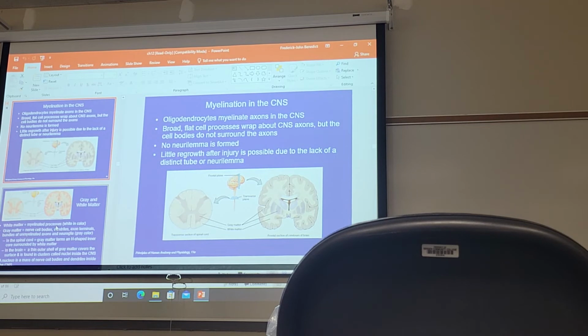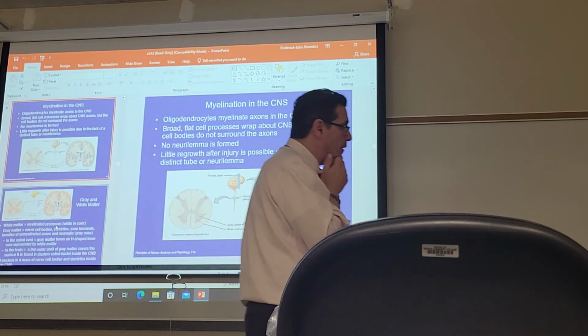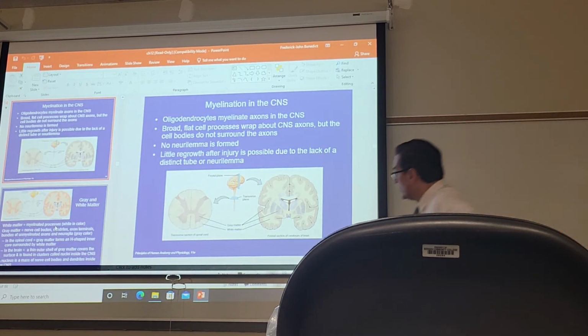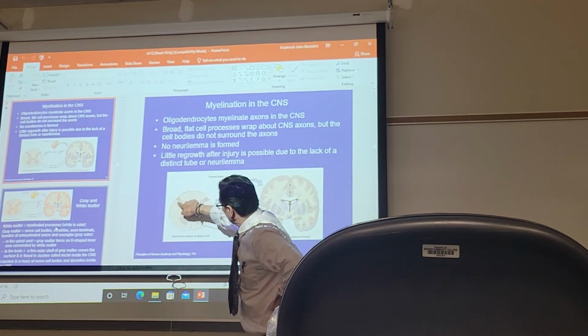Myelination, by the way, is what actually changes white matter to gray matter. White matter has myelination, gray matter does not. So pretty much like the inner part of the brain. Also in the spinal cord, the outer portion has white matter, as you see on the left. That's the spinal cord.